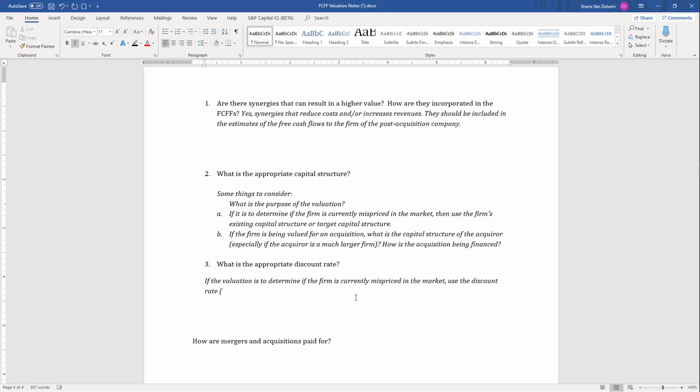In this case, for the free cash flows to the firm valuation, we want to use the weighted average cost of capital.